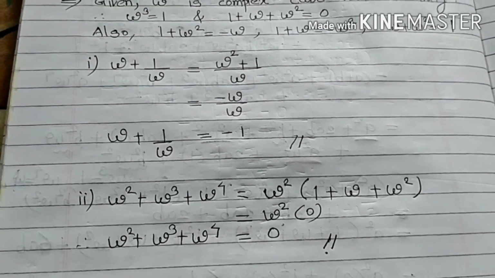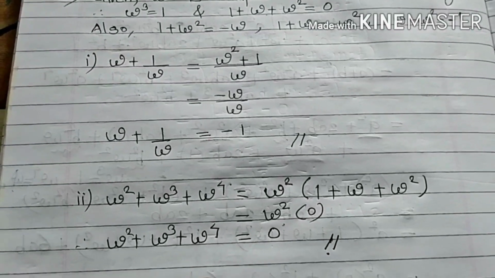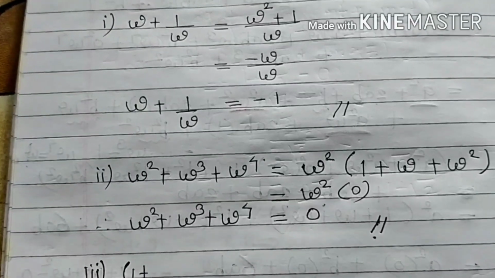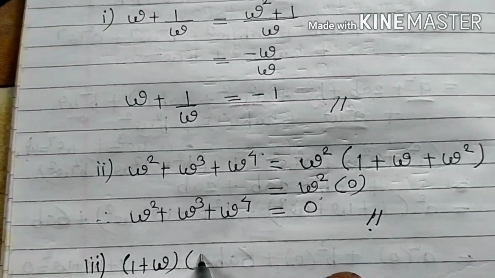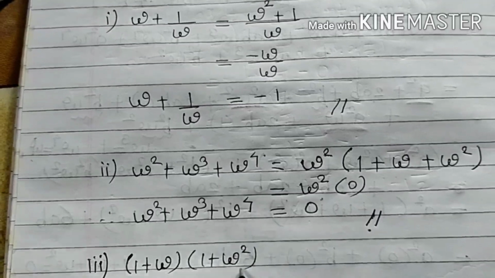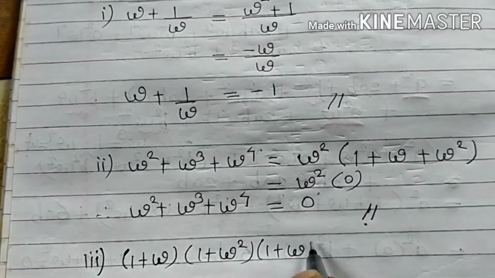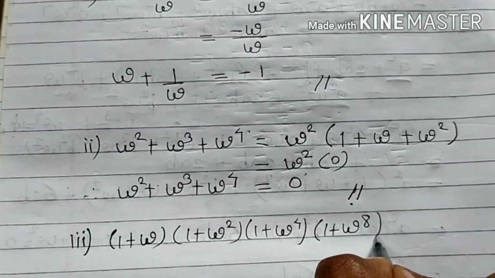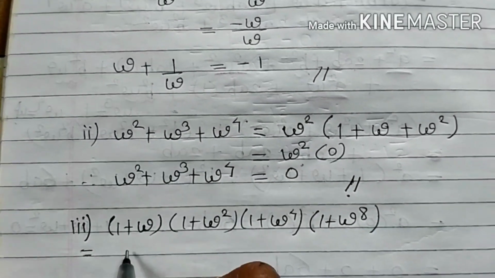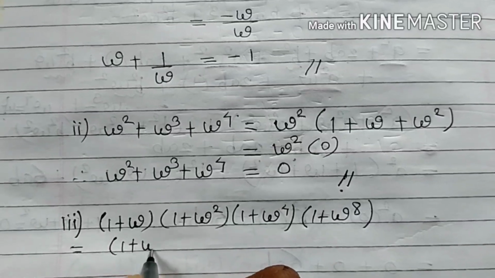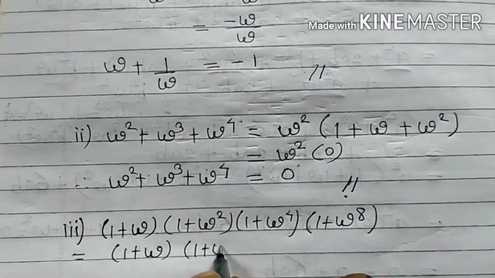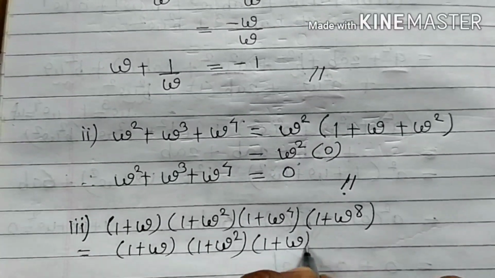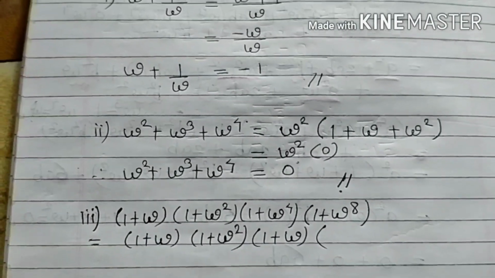Now next, third example. (1 plus omega), (1 plus omega square), (1 plus omega raised to 4), and this is (1 plus omega raised to 8). We have to find that value, so which is equal to (1 plus omega) as it is, (1 plus omega square) as it is, but omega raised to 4 is omega, and what is the value of omega raised to 8?